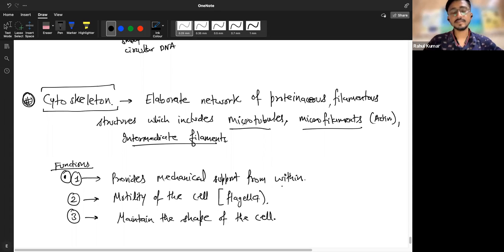And in the next class, we will do centrosome, centrioles, cilia, flagella, nucleus. I think these are the only things left. And in the nucleus, I will spend some more time explaining DNA and chromosome, because that is a very, very important concept. And then we'll end this chapter. And once we understand the cell, then we will go to the new chapter where we will start dividing it, how it divides.